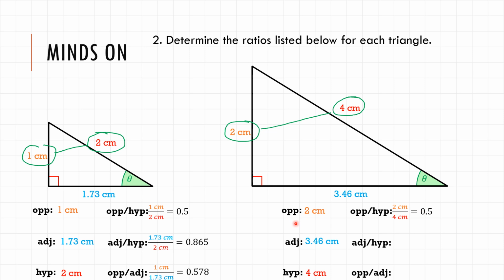I still get 0.5. If I do the adjacent divided by the hypotenuse, that's 3.46 divided by 4, I still get 0.865. And finally, when I do opposite divided by adjacent, I still get 0.578. How strange.